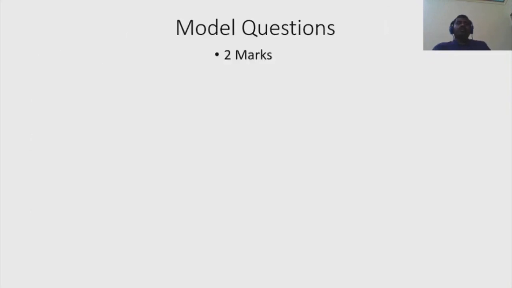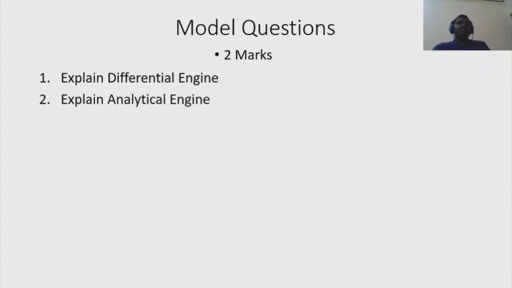So what are the different 2 marks questions that might be asked from this particular session? The first one is explain the differential engine. Second, explain the analytical engine. Third, elaborate the information processing cycle.